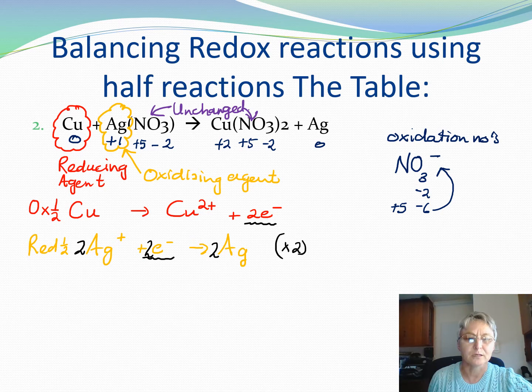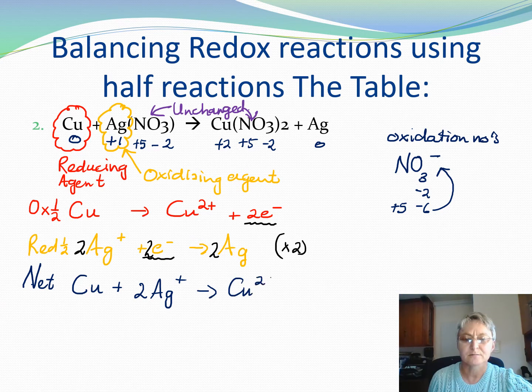So from here, with the number of electrons being balanced, we can write the net redox reaction, where copper and 2 silver ions will give you copper 2 plus ions and 2 silver atoms.